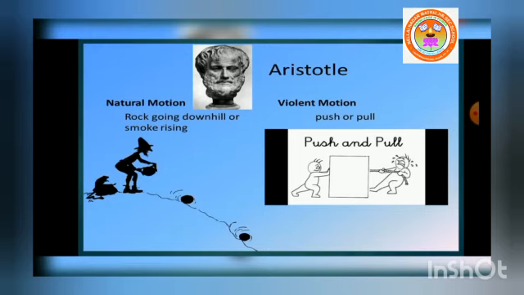Violent motion is also known as force dependent. So we understood violent motion means push or pull. Further, he said, when two bodies of different mass are dropped from a height, the heavier body falls faster than the lighter one.